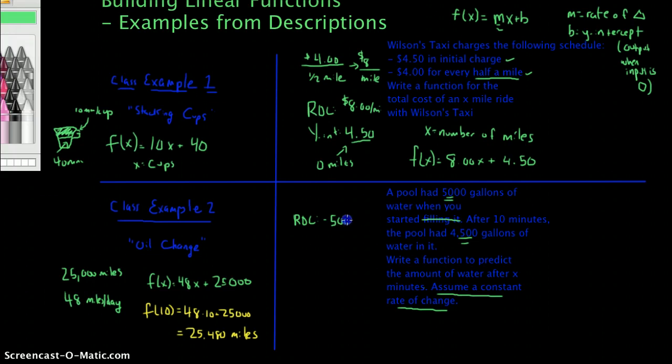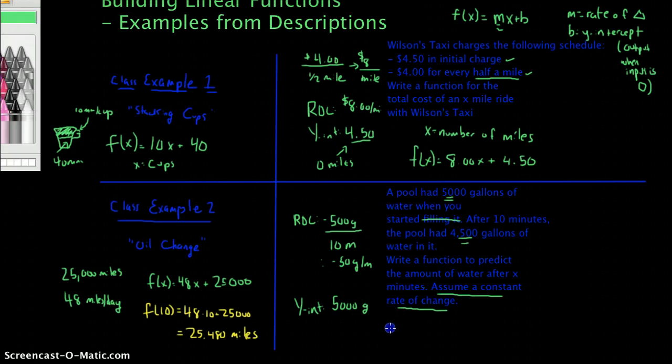So I'm going to write negative 500 gallons in 10 minutes. A little quick division, and the rate of change is negative 50 gallons per minute. And my y-intercept, that's usually the easy one. That's my starting value, which in this case is 5,000 gallons.